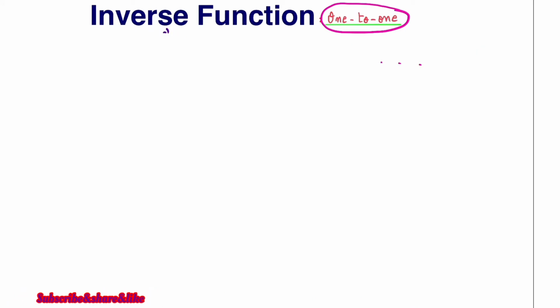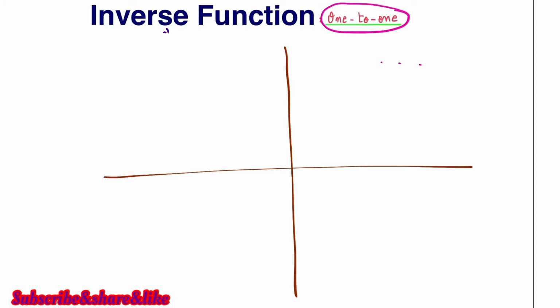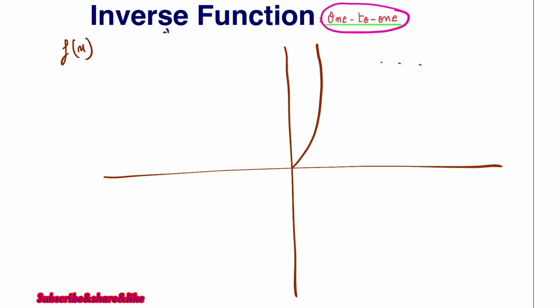If we have, for example, the graph, let's say the graph of x squared is like this. So let's find it. We have f of x equals x squared.